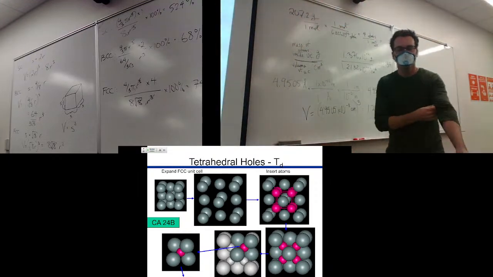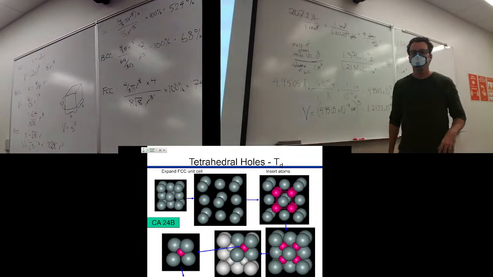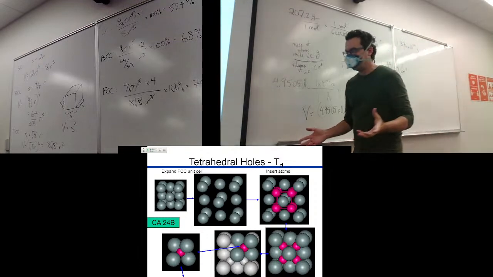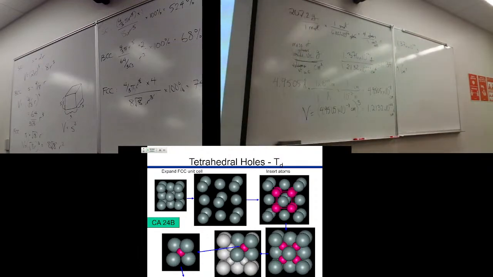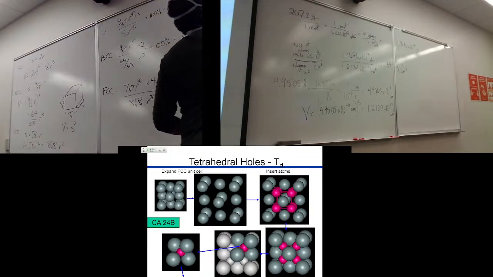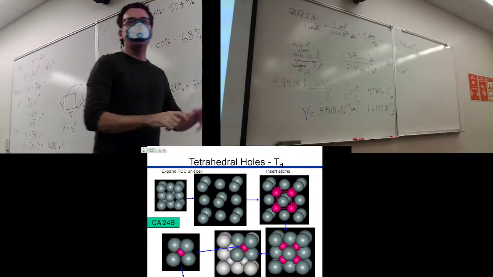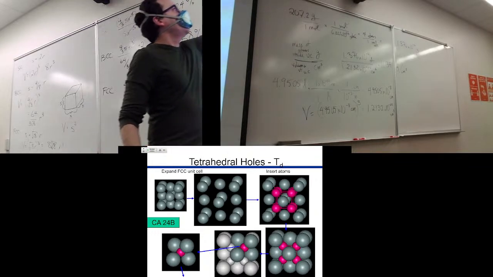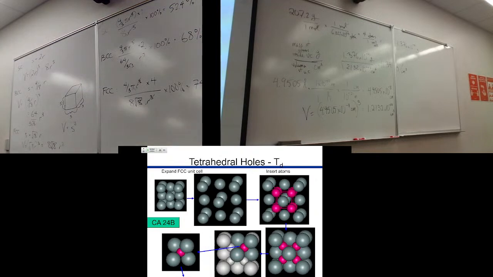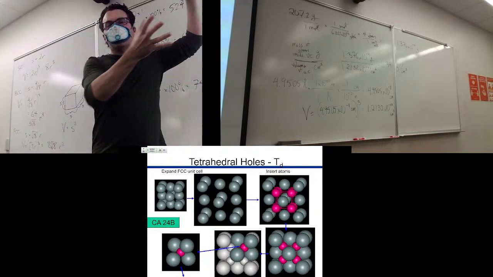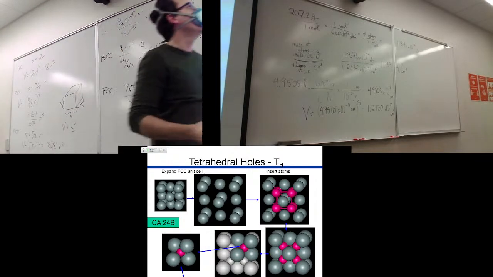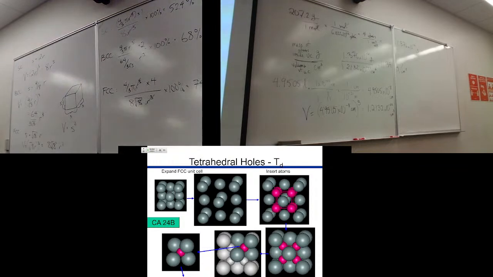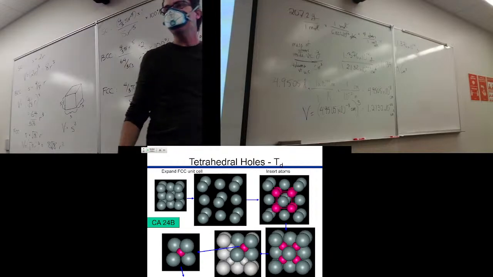Here's how we describe it. We start with FCC, which is not the whole picture because in FCC, every single atom has 12 nearest neighbors. So that can't be right. So take FCC and spread out the atoms a little bit more, so there's more room on the inside. And then there are these spots that are called holes.